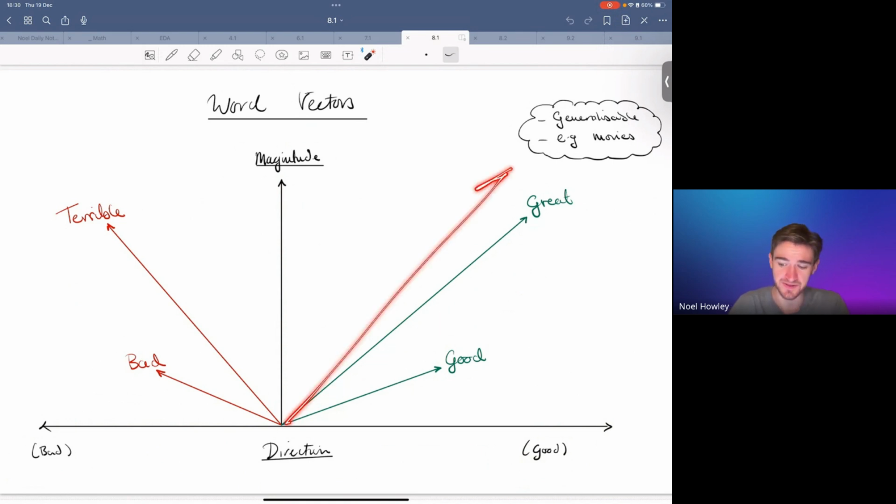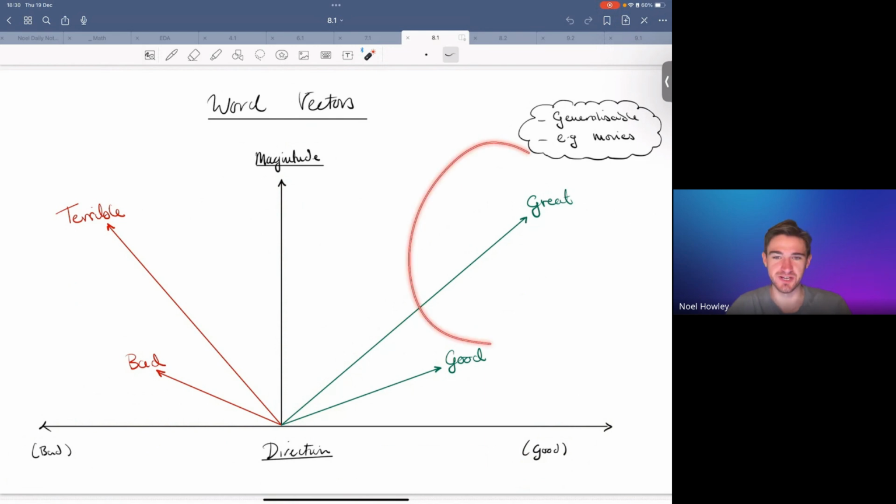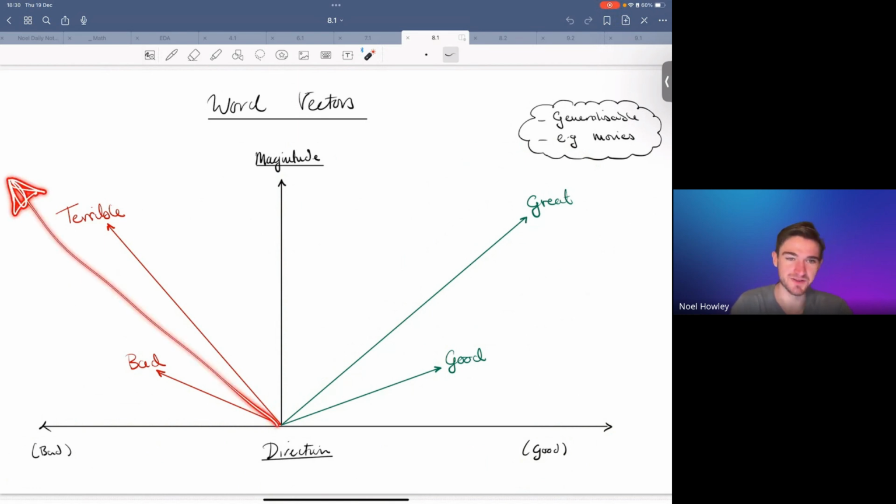Or you might think it's up here. It doesn't matter. It would be in this general area. And then on the flip side, we have the sort of bad words. We have terrible, bad, and then a whole host of other ones like awful, perhaps awful's over here, or maybe it's really bad and really powerful of a word, so it's up there. So this is just a way of representing the words in this vector space.